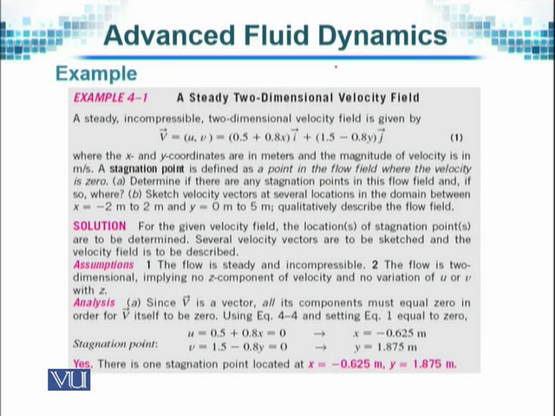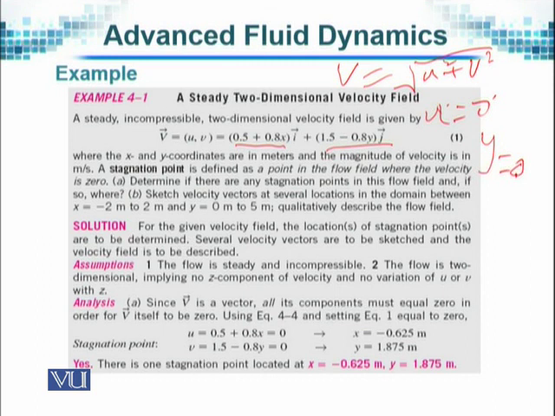As we are familiar, the velocity V, if there are two components, is equal to the square root of u squared plus v squared, where v is the component in the y direction and capital V is the velocity as a whole. These are square terms. This can only be zero if each one of them is separately zero. Therefore, u has to be 0 and v has to be 0. Both of them have to be 0.